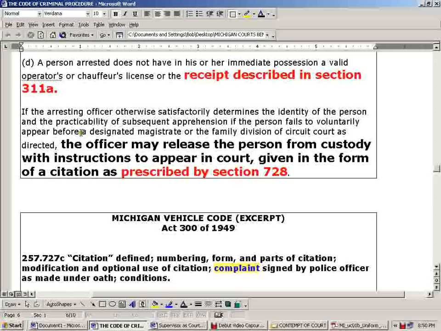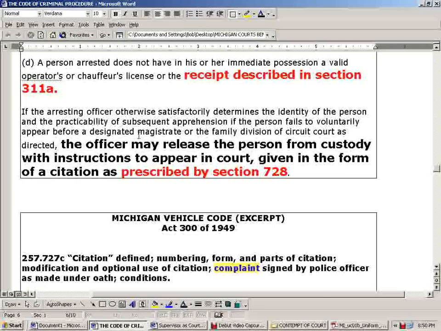If the arresting officer otherwise satisfactorily determines the identity of the person and practically and subsequently apprehension of the person fails to voluntarily appear before the designated magistrate or the family division of the circuit court as directed. So they're supposed to tell you what magistrate to go before, or you go to the family division of the circuit court.